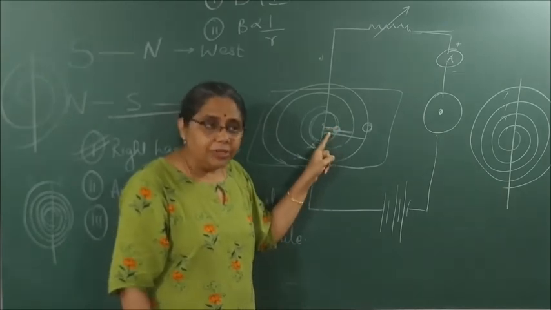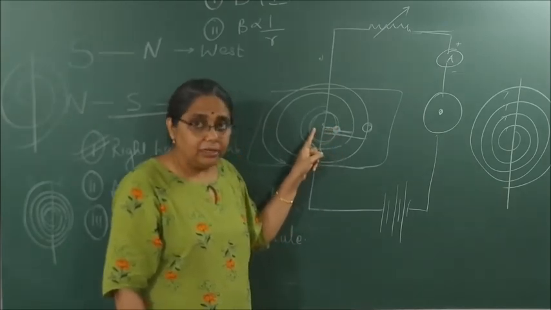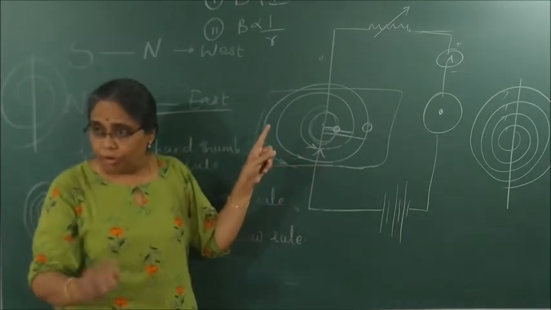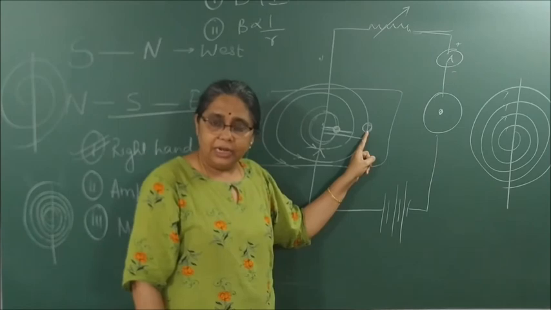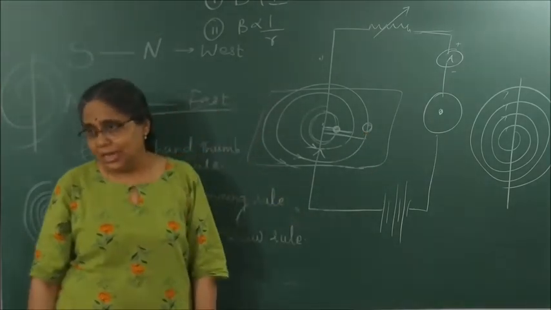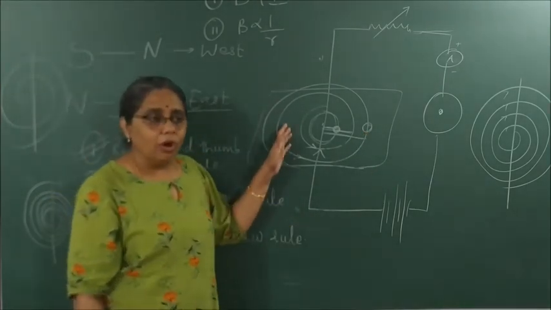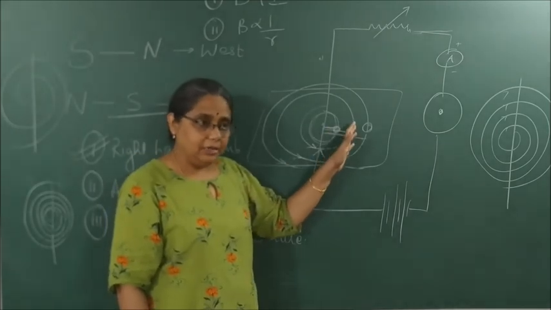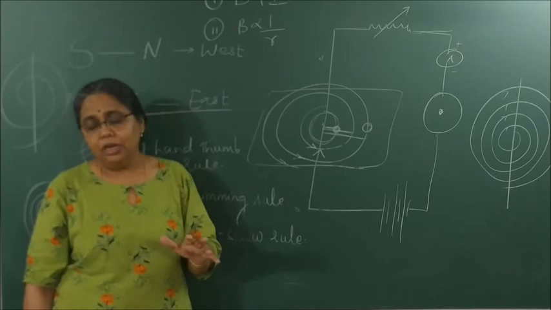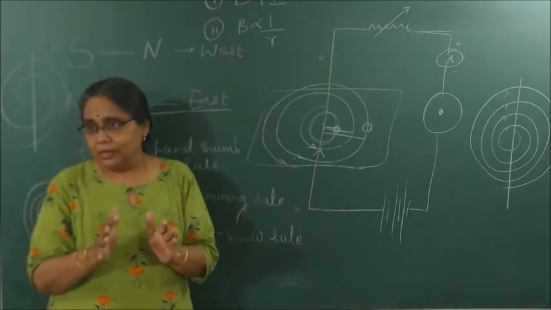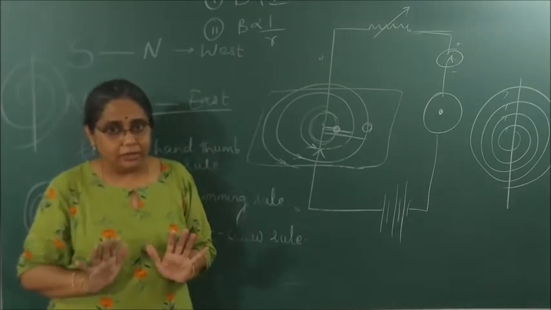If I keep a compass needle closer to the current carrying conductor, the deflection is more. If I keep the compass further away, the deflection is less. Because as I go away from the conductor, the magnetic field lines become larger and larger, and the magnetic field decreases. Is it clear?